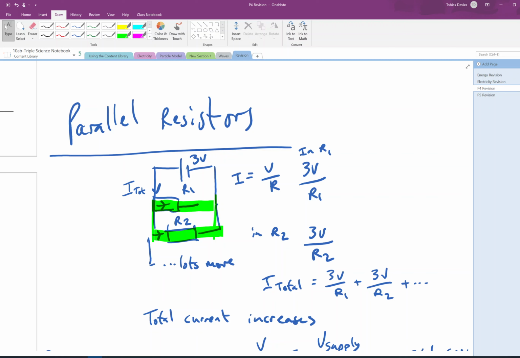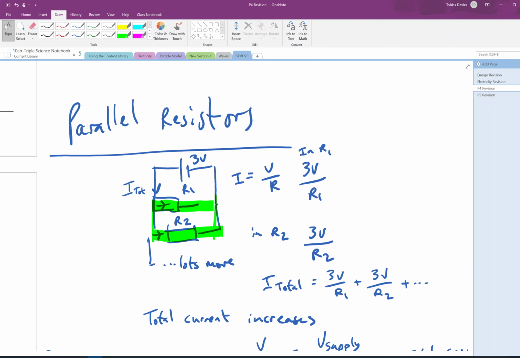But if we're looking at the resistance in total, then we need to look at the total current and the total voltage. Now, in this particular situation, I've got my 3-volt battery, and I've got a set of resistors.